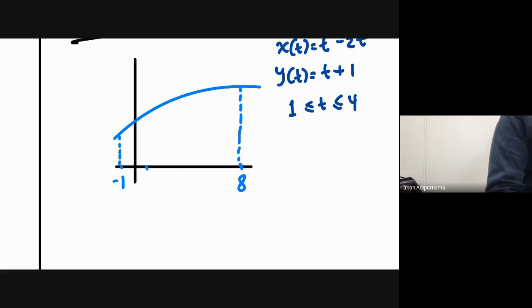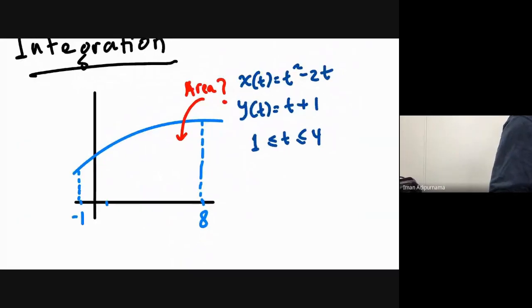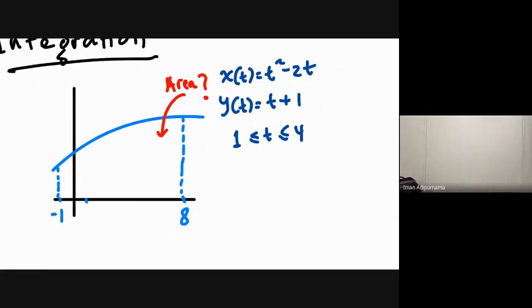And the question is, what is the area under here? Let me write area. So we need to evaluate the area under the curve, this curve from -1 until 8.